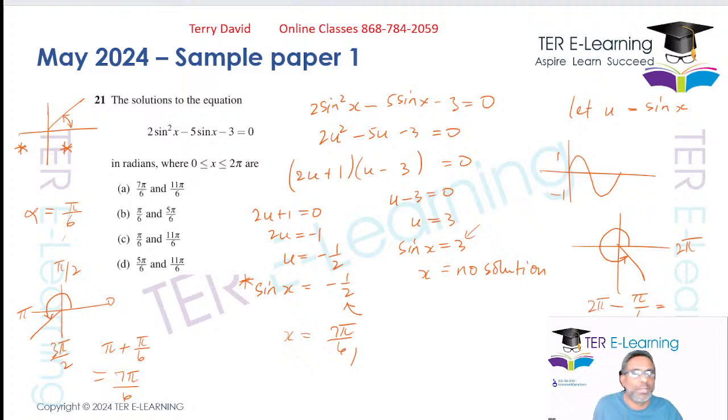That's the same as saying 2 minus 1 over 6, and that's 11 over 6. So this is 11 pi over 6. I know lots of students have great difficulty with this, but I can't go through this now. So this answer here will be 7 pi over 6 and 11 pi over 6. So the answer is E.